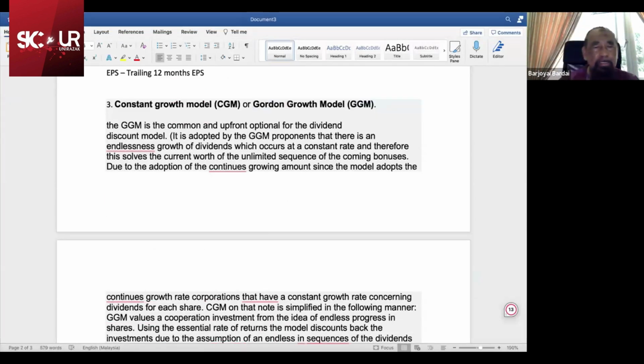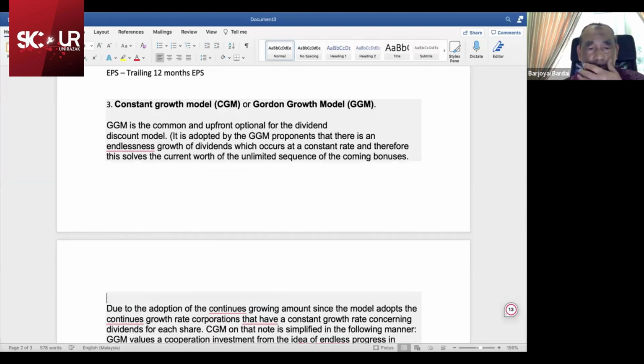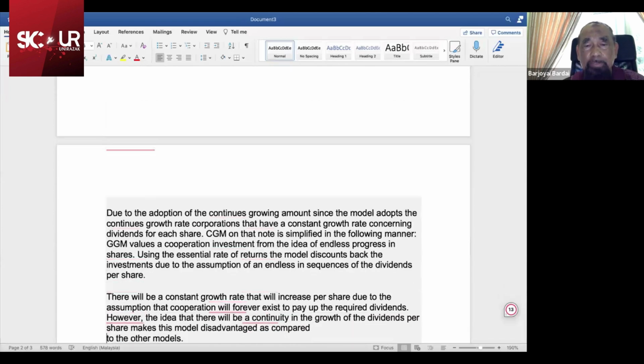The GGM, Gordon growth model, is essentially a common and upfront option for the dividend discount model, adopted by GGM proponents, that there is an endless growth of dividend which occurs at a constant rate, and therefore this solves the current worth of the unlimited sequence of the coming dividends.